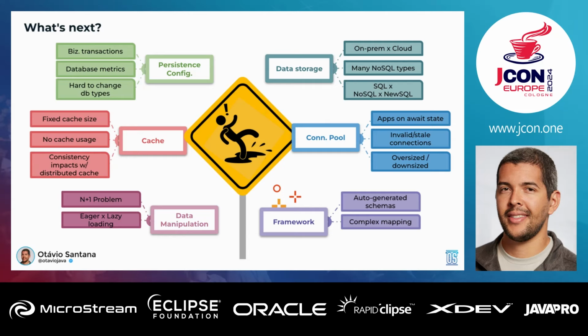The frameworks, how to handle different kinds of frameworks, generics, reflections, GraalVM, native image, and so on. Connection pools, different kinds of databases, how to handle that with cloud and non-cloud, on-premise, and so on. So it's a huge universe, but I only have 4 minutes left.